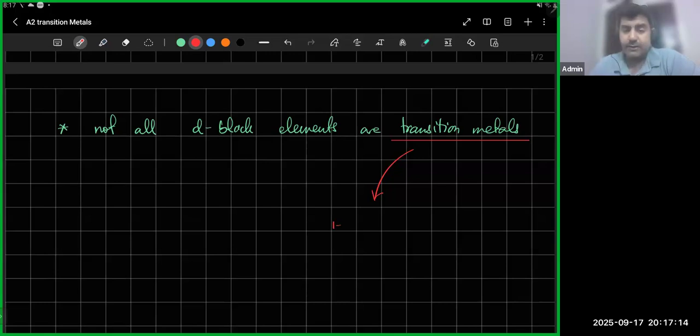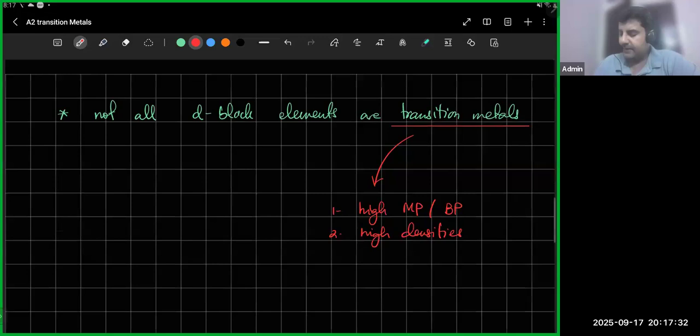Number one, this is what you did in IGCSE. They've got high melting points and boiling points. Number two, they've got high densities, and sometimes really high densities, like 8 or 10 times more than water. Number three, which is very important, they're going to form colored compounds and complexes.